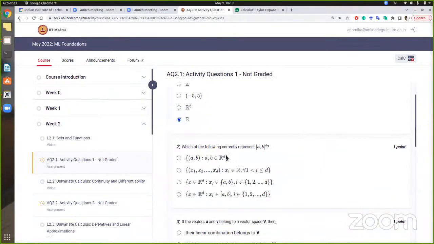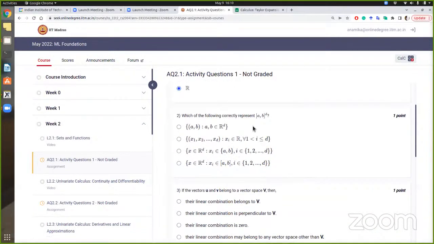Okay. Now let's see which of the following terms are equivalent to this. If you check the last option, X belongs to R^D, where Xi belongs to any value between A and B. X belongs to R^D, which means we would have D-dimensional tuples.